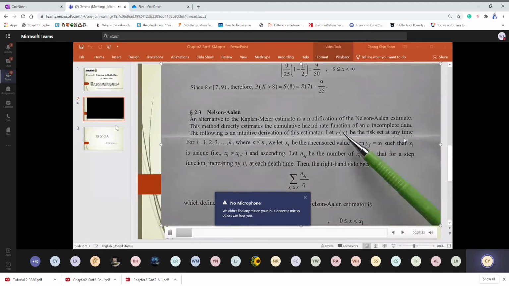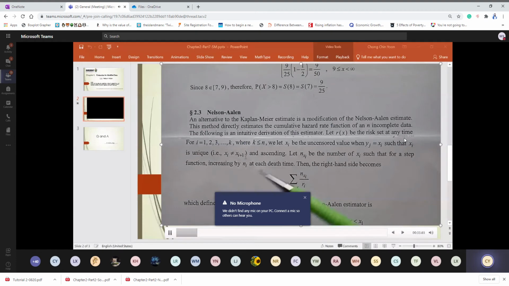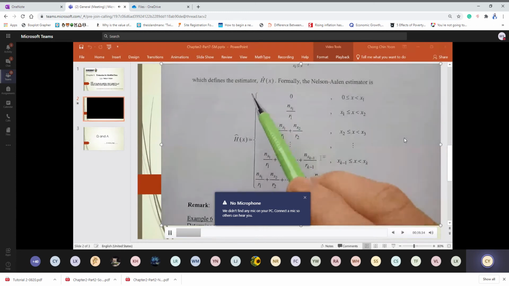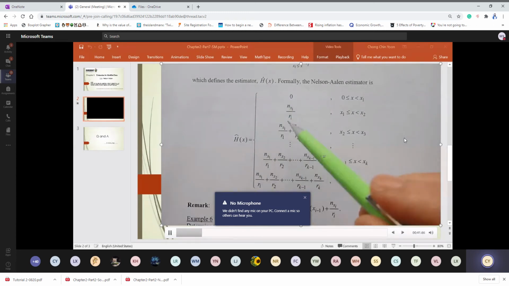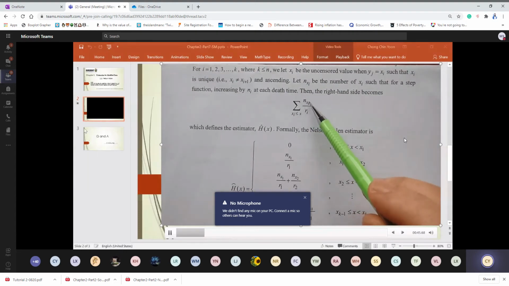So we let R_x be the risk set, and let x_i be the uncensored values, such that x_i are unique and ascending. And if we let n_xi be the number of x_i, then the cumulative hazard rate function is defined as the summation of n_xi divided by R.